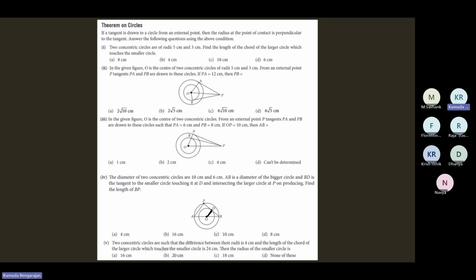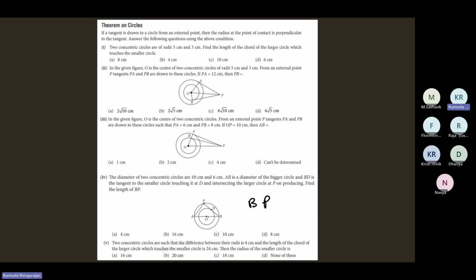Okay, so this is the radius of the inner circle. This is the tangent. Radius perpendicular to tangent. BP is a chord to the outer circle. BP is a tangent to the inner circle. It's a tangent at D to the inner circle.